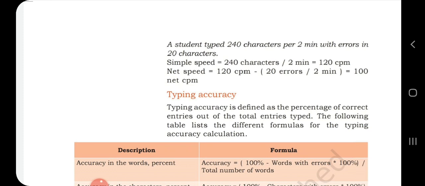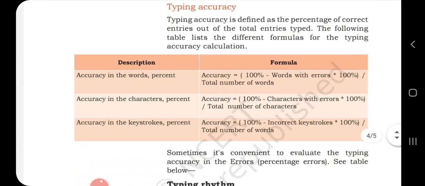Typing accuracy is defined as the percentage of correct entries out of the total entries typed. It's a table regarding typing accuracy. Accuracy in words percent. Its formula is accuracy is equal to 100% minus words with errors multiplied by 100% divided by total number of words.